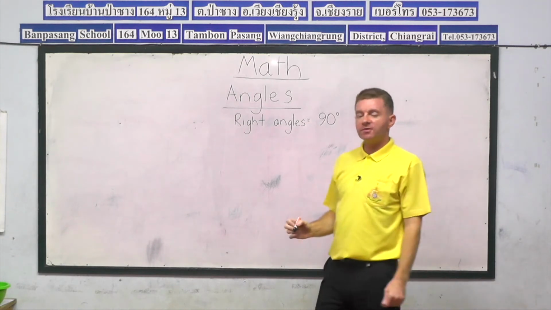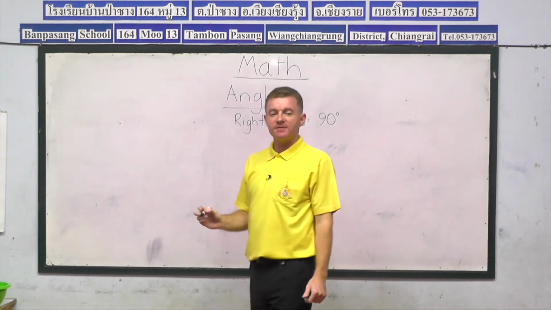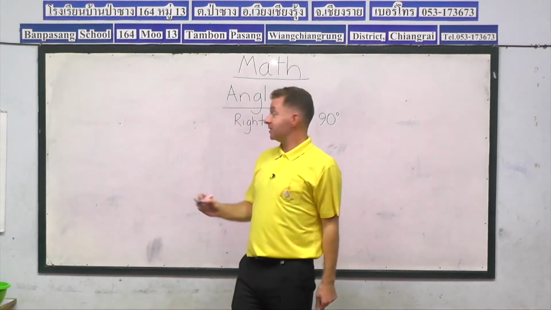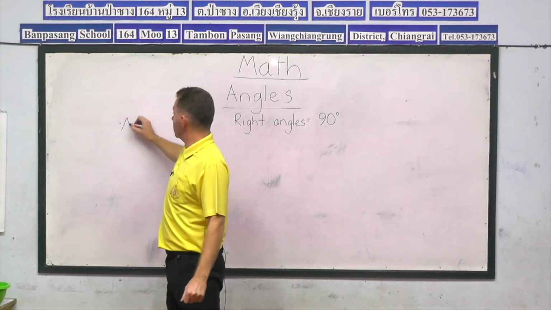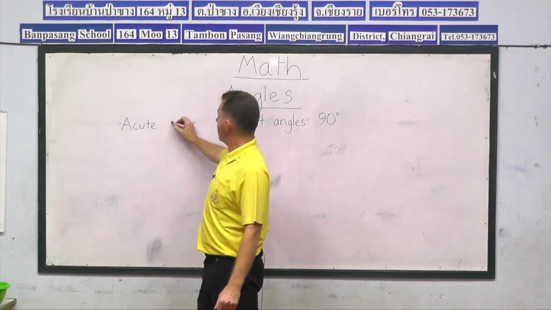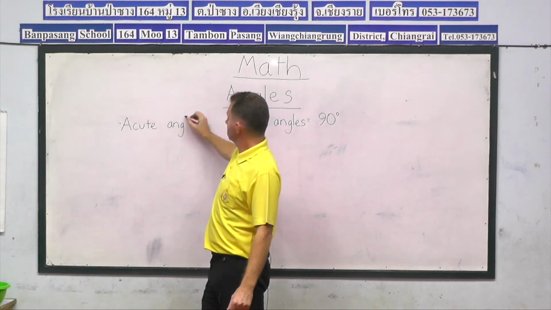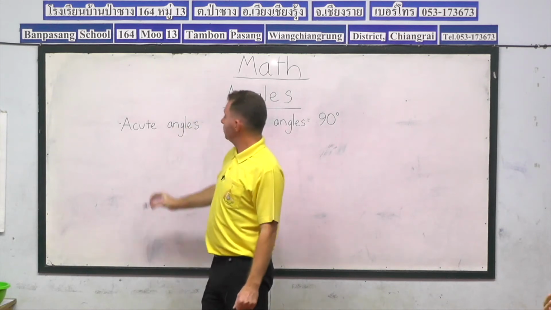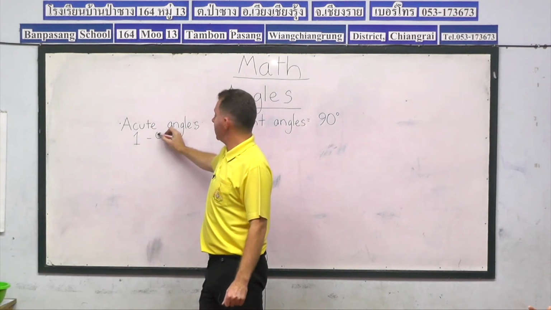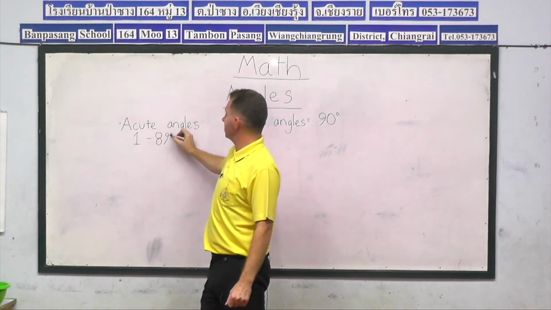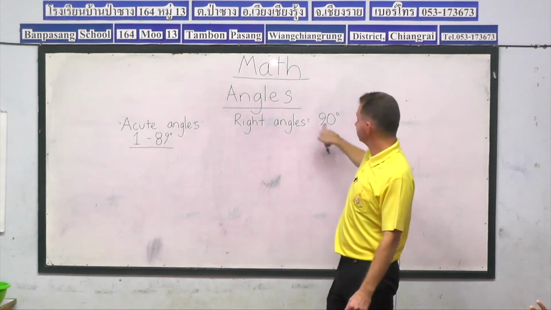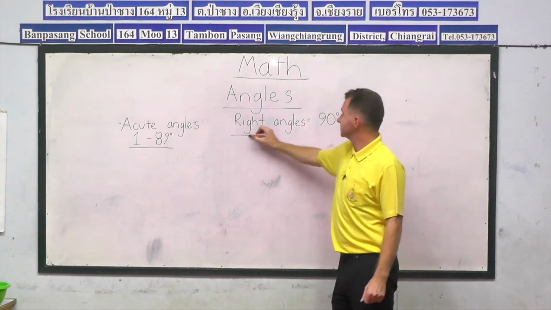But there were two other types of angles. Any ideas? Anybody remember? Acute angles. Yes, acute angles. A-C-U-T-E, angle. Now, acute angles can be anywhere from 1 to 89 degrees, because acute angles are always less than 90 degrees.